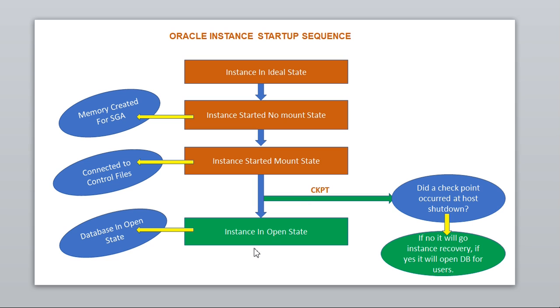Before coming to open state, the checkpoint plays the major role. What is going to be checked here? It will check whether the checkpoint occurred or not during the previous shutdown. If it did not occur, the instance will go for recovery. If it occurred, the database will be opened for the users.